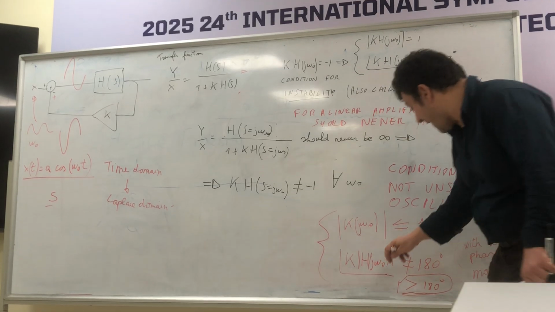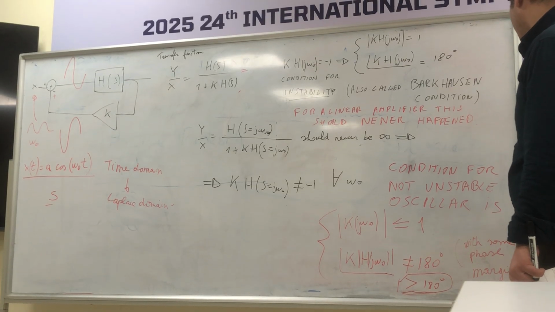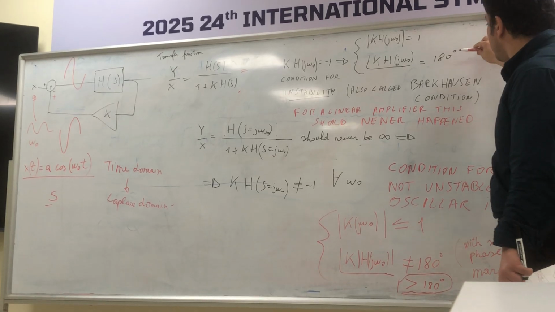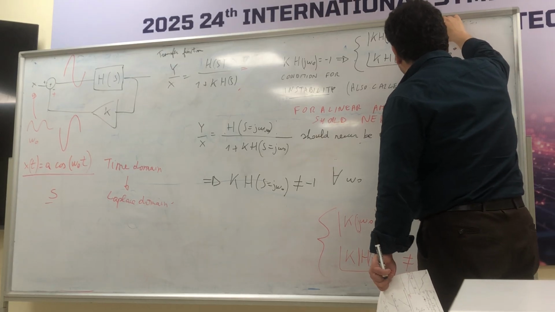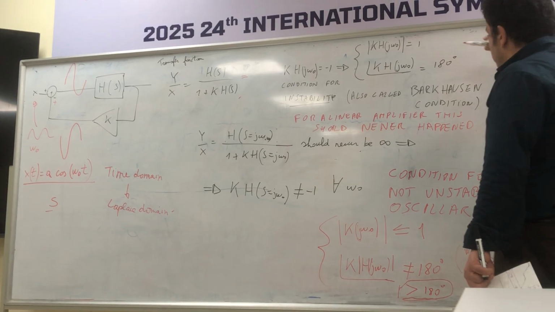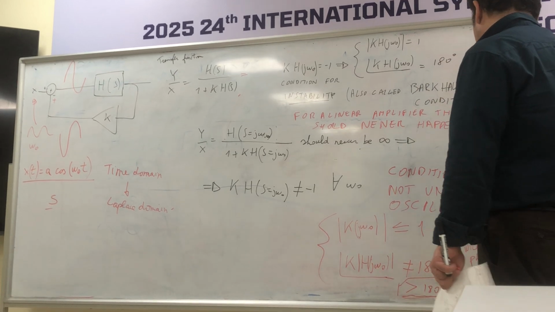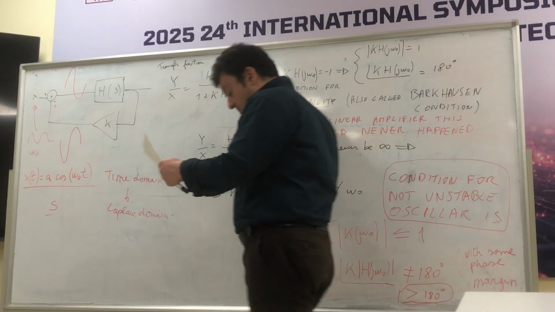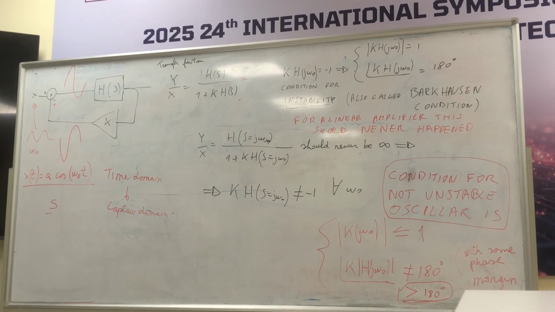So at the frequency for which the gain is unitary, the phase should be far from 180 degrees. Okay? So this is the condition for non-oscillation, but to really understand this, we need to do some drawing, okay? Because I understand that at this moment it is not clear.